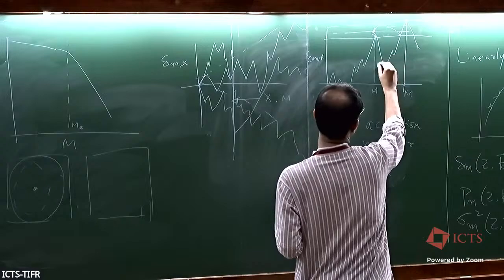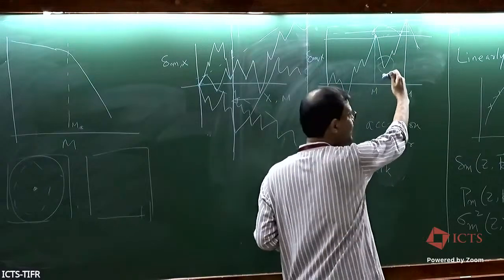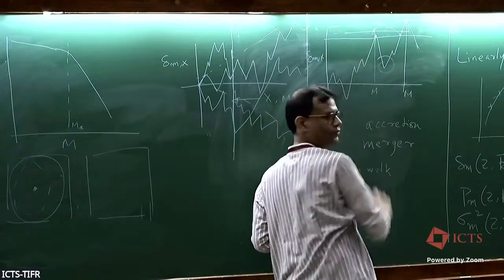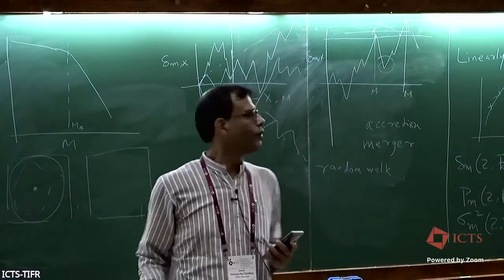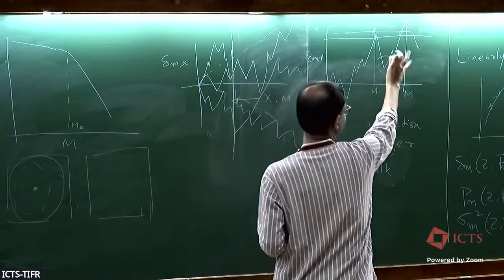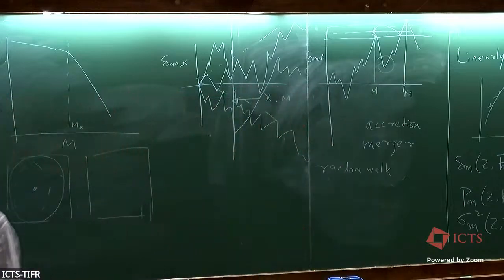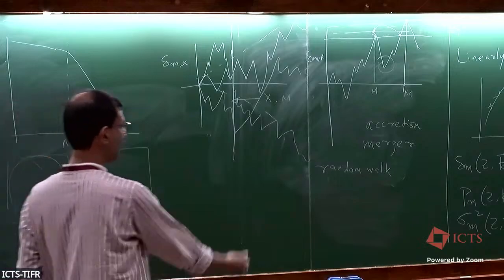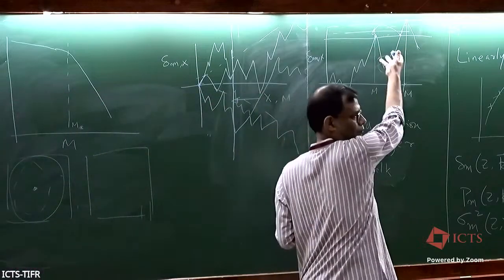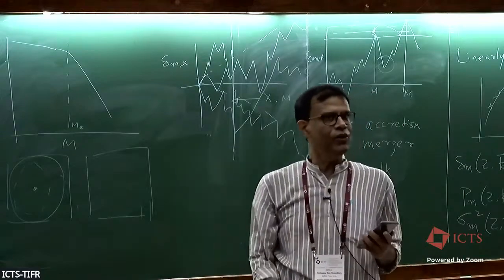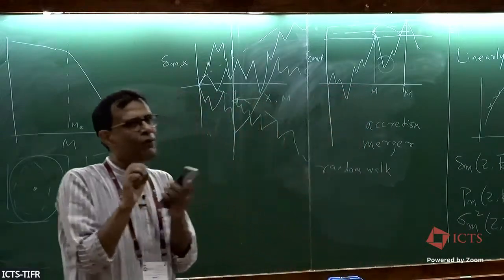For example, this region has delta C less than 0, but it can be part of this halo. Otherwise we would have just discarded these points, saying that they don't have enough delta critical. So all these cloud-in-cloud problems and other things were solved. And then people realized that you can use it for understanding merger. I drew a trajectory and showed you how it happens, but you can analytically calculate probabilities of mergers.